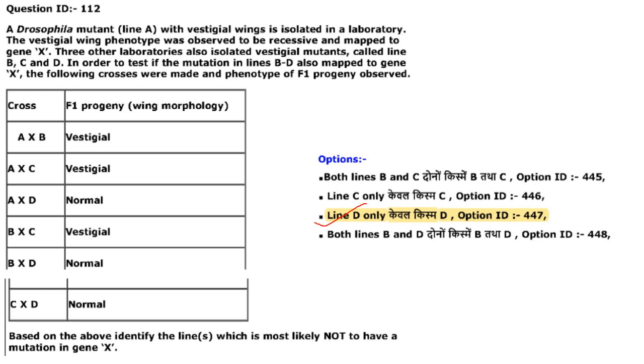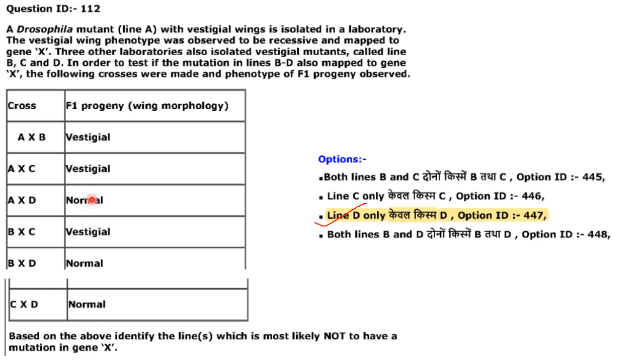Now if you see the data that they have given, you can see that whenever there is a cross with D, over here and over here, that is when A is crossed with D, B is crossed with D and C is crossed with D, you get normal phenotype or normal wing morphology.